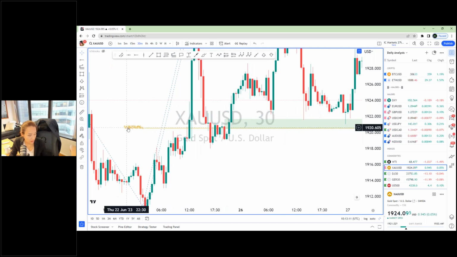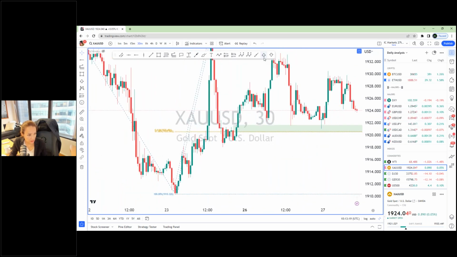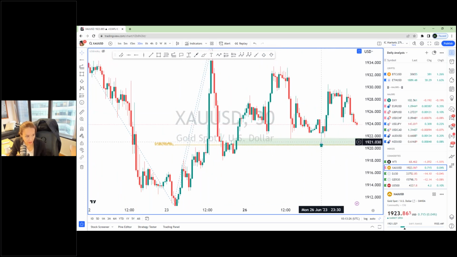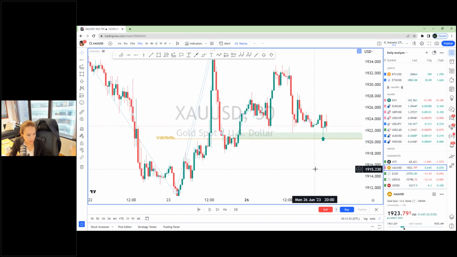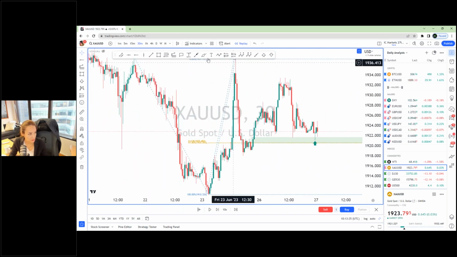We have 61.8% retracement and 61.8% projection. When you draw like that, you can see price tapped in this zone and then went all the way up until here. For example, you buy from here, and then you don't know where to put the TP.